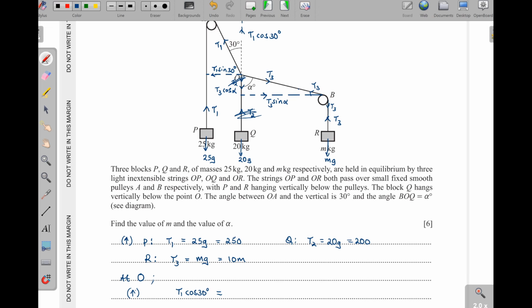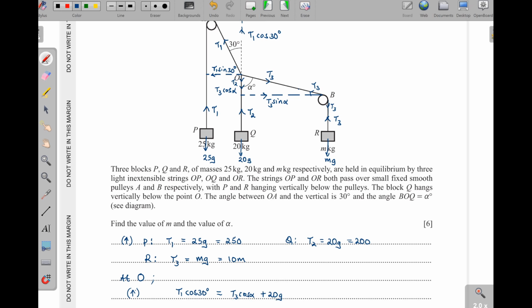That means we have this one going up, it is only one, and the ones that are going down, we shall have T3 cosine of alpha, and then the 20G. So we shall have T1 cosine of alpha, which is equal to T3 cosine of alpha, then plus 20G.